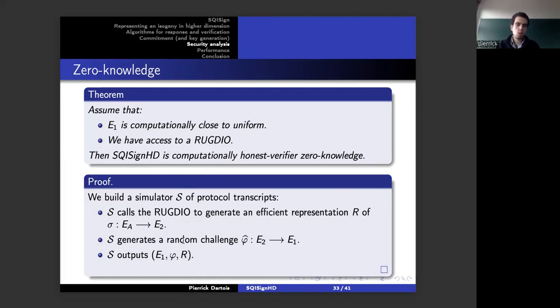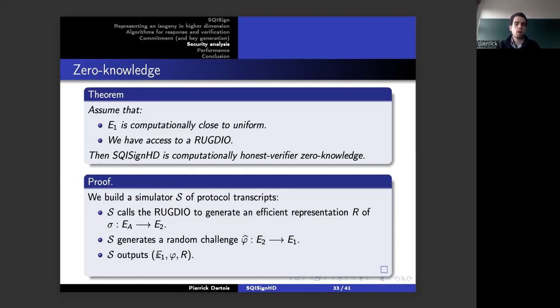Then we generate a challenge backwards from E2 to E1, randomly. The output we get is similar to a transcript from the protocol, because the representation of the isogeny has the same distribution, and phi is as random as the real challenges.